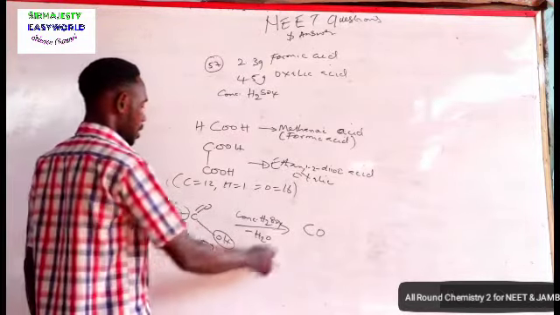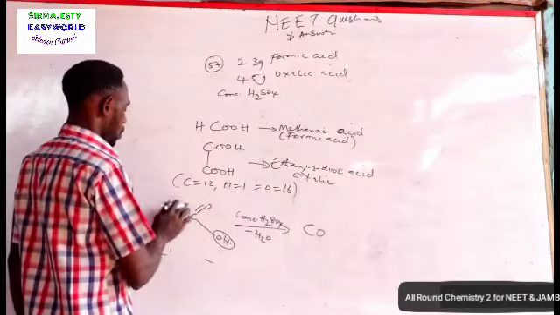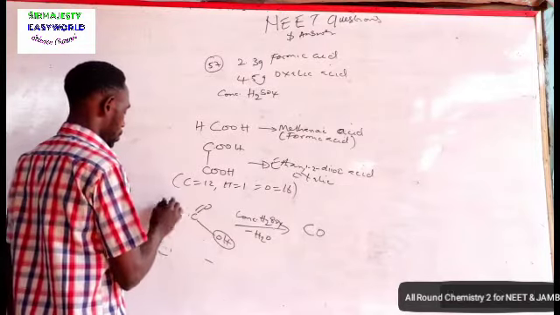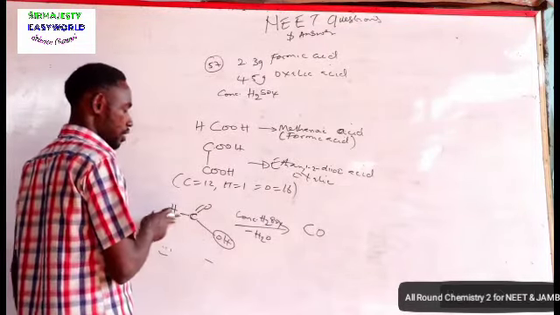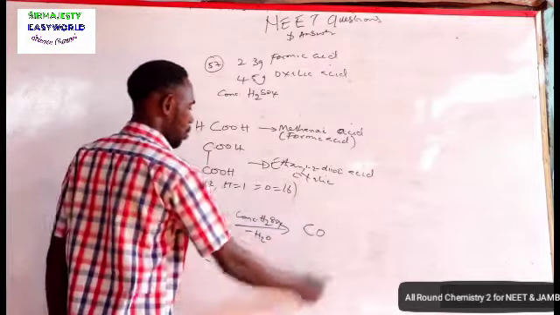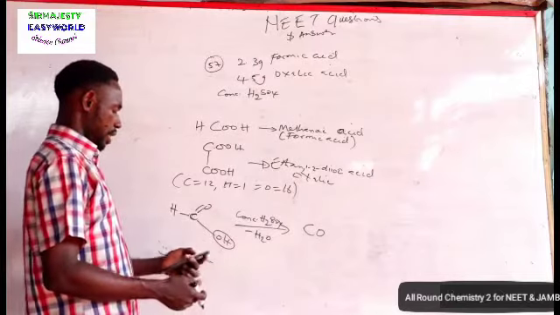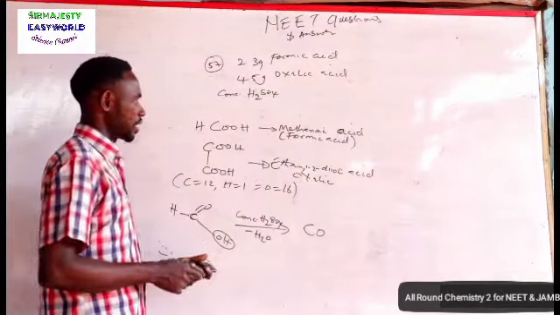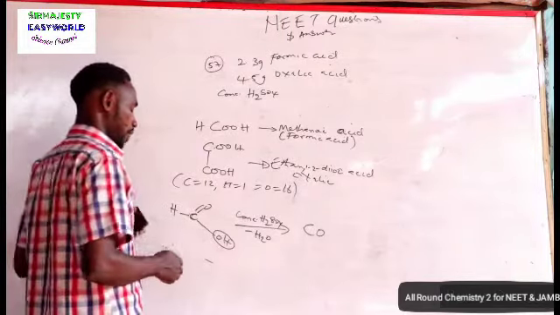So from the equation here on the board, you discover that 1 mole of formic acid, when dehydrated, gives us 1 mole of CO at STP. When they say STP there, they are talking about volume, but I think the question says mass, so the volume is not much of a business now.